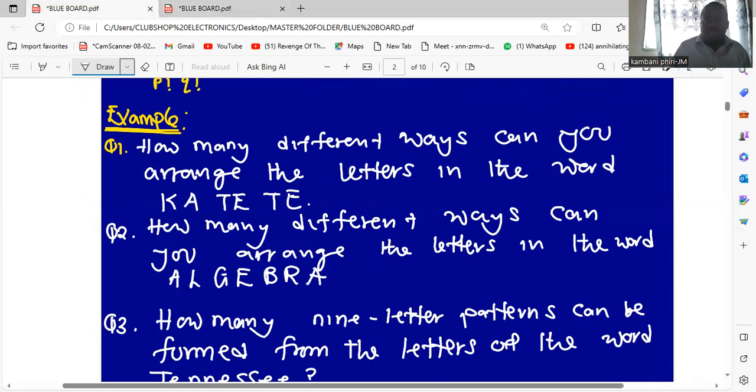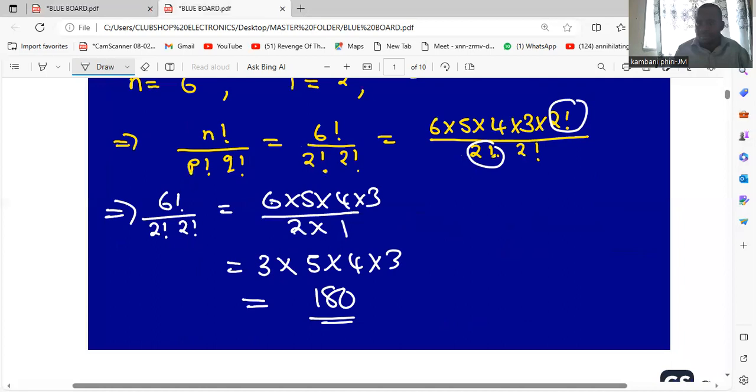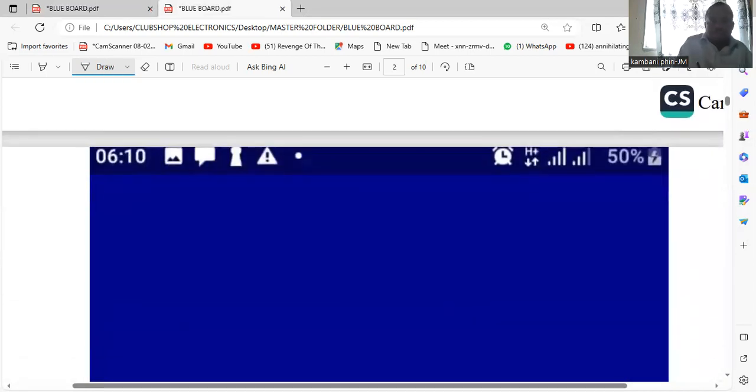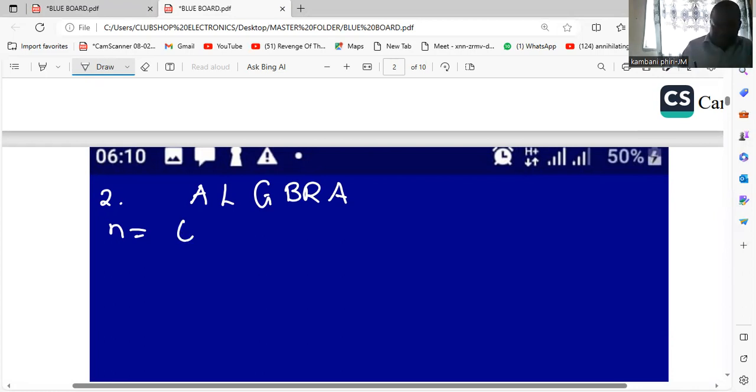The second question is, how many different ways can you arrange the letters in the word "algebra"? The word algebra has a total of, again, 6 letters.